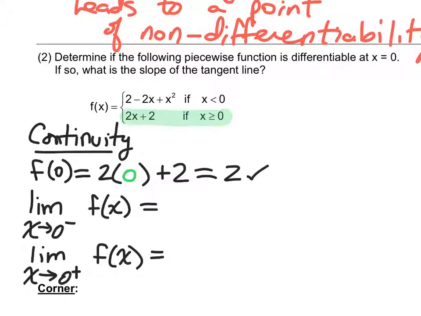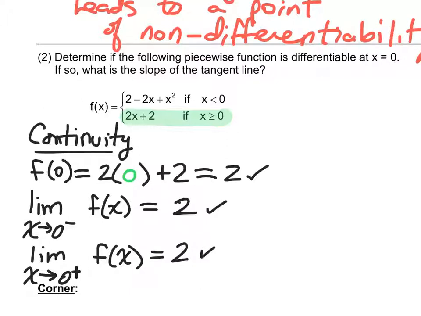So, plug in a 0 for the left piece, I get a 2. Plug in a 0 for the right piece, I also get a 2. So the function is continuous, because the function exists at that point and the limits are approaching that location. So it's coming together at the same point.